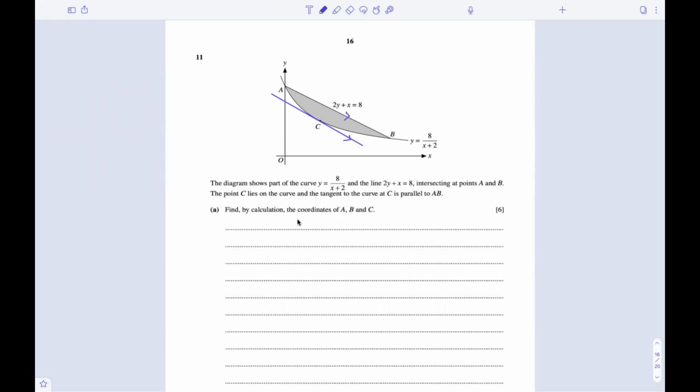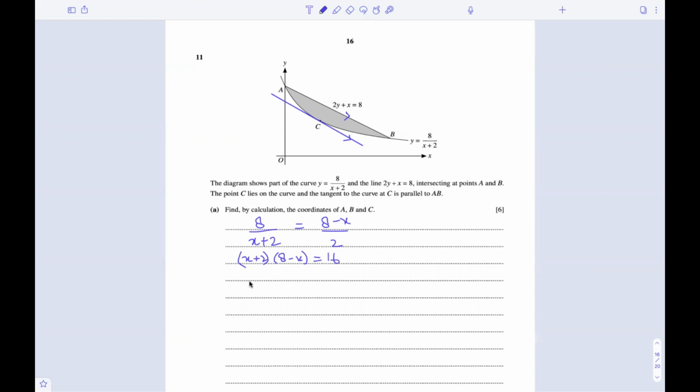To find the coordinates of A and B, we can solve the equation of the curve, which is 8 upon x plus 2, and the equation of the line, which is y is equal to 8 minus x upon 2. We can solve them simultaneously. So cross multiplying, we get x plus 2 multiplied by 8 minus x is equal to 16.